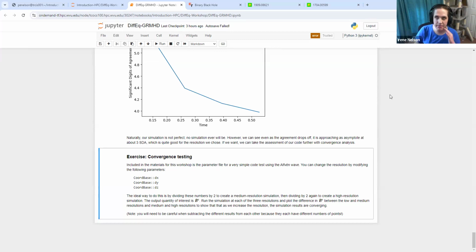The biggest place I encountered this was plotting things, trying to plot the convergence. In that case, you end up subtracting one array from the other, so you need to make sure that you're ignoring the points in the higher resolutions that don't exist in the lower resolutions. That's all that is there with that warning.